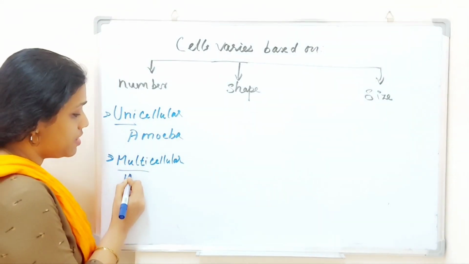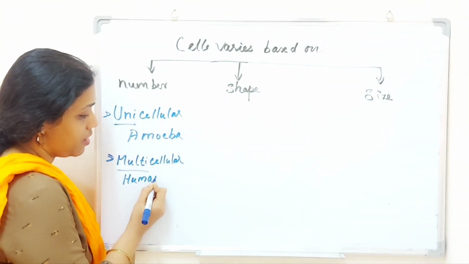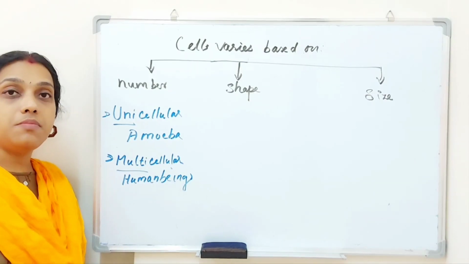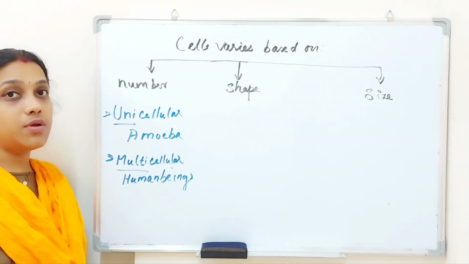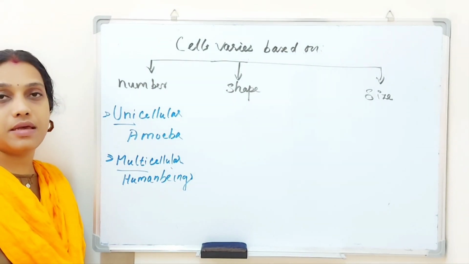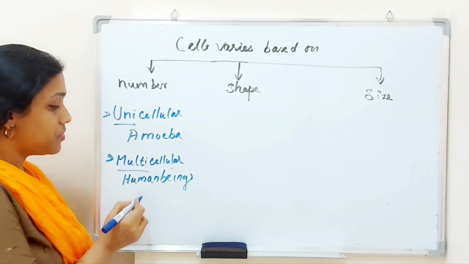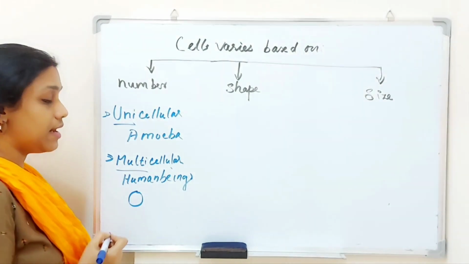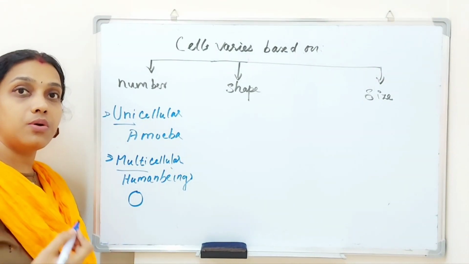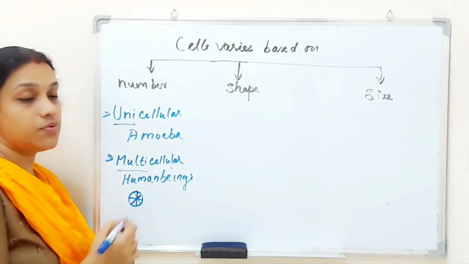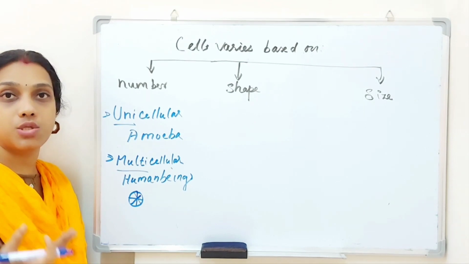So human beings are an example for multicellular organisms. Even in multicellular organisms, they are having so many cells, but in the initial stage there will be only a single cell present. First of all, there will be a single cell, and that cell will undergo repeated divisions to form a number of cells or a mass of cells.